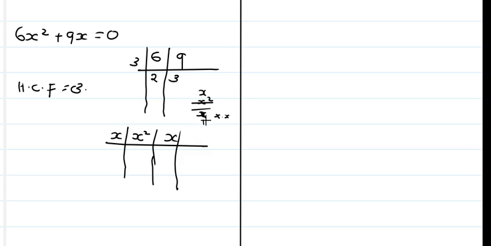When I divide by this x, we cancel one x and remain with x. Then this x divided by x becomes 1.